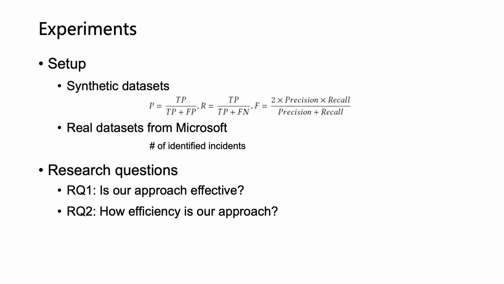For real datasets, the large-scale multidimensional issue reports make it hard to manually identify and verify all effective combinations, so we lack ground truth about the real datasets. For these real datasets, we manually check the results and compare the total number of identified incidents. In the experiments, we try to answer two research questions. Is our approach effective? And how efficient is our approach?